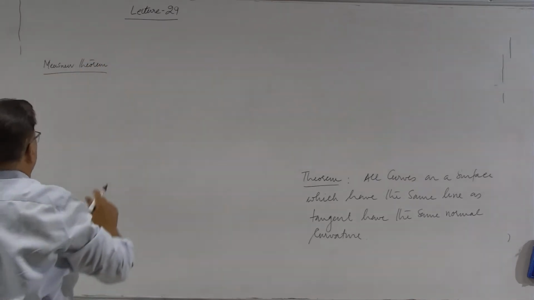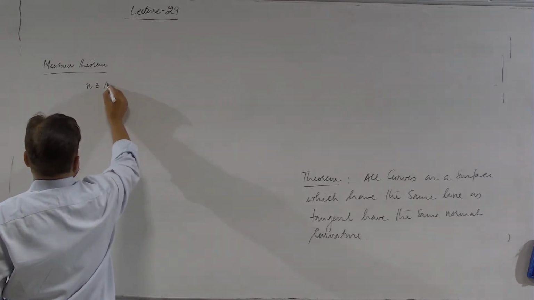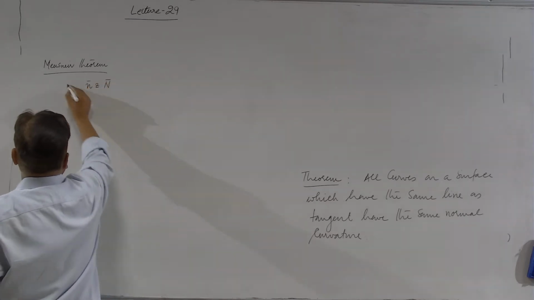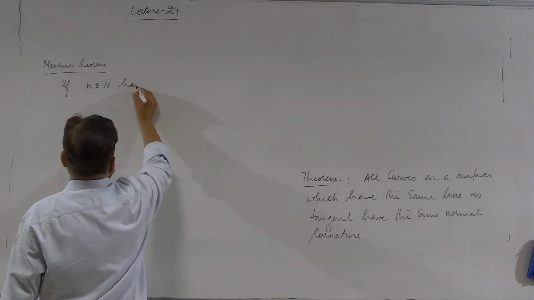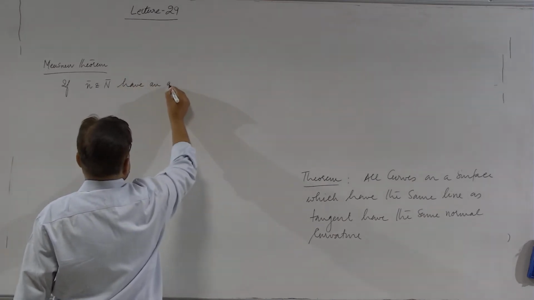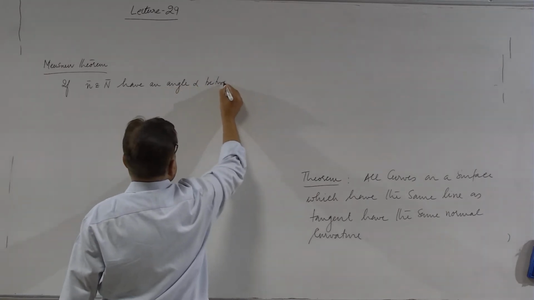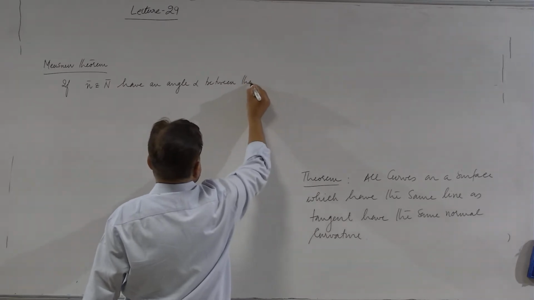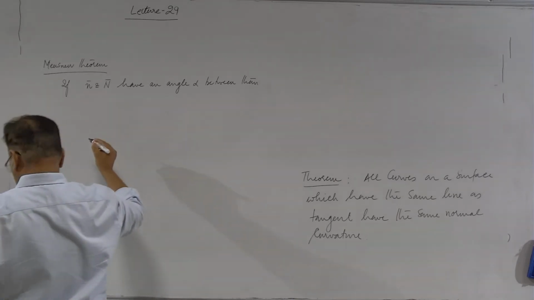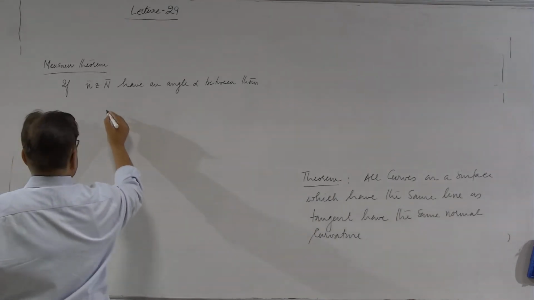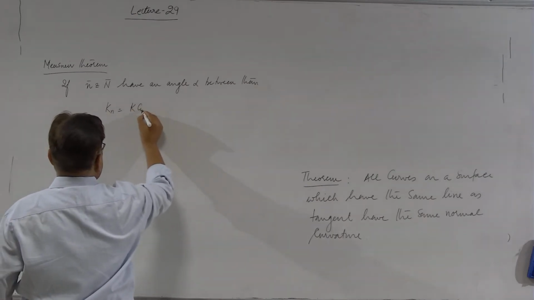It says that if the principal normal small n and the normal to the surface capital N have an angle alpha between them, then the normal curvature Kn is K cos alpha.